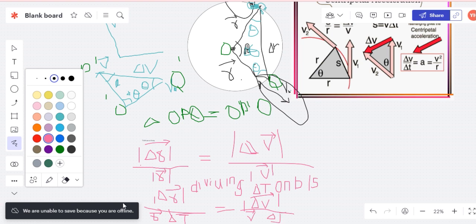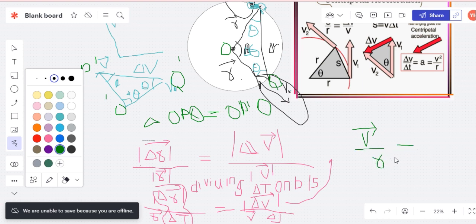Now we are aware of this formula: delta r upon delta t is equal to velocity. So it is equal to the v vector, and v upon r.